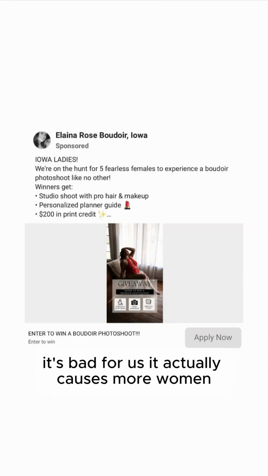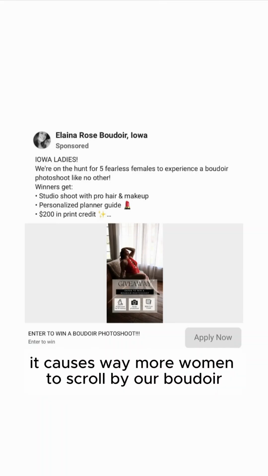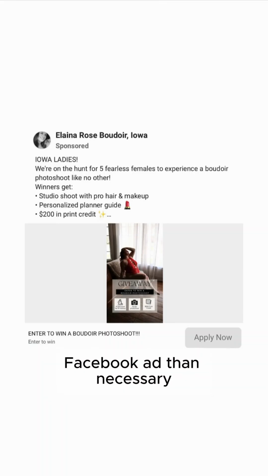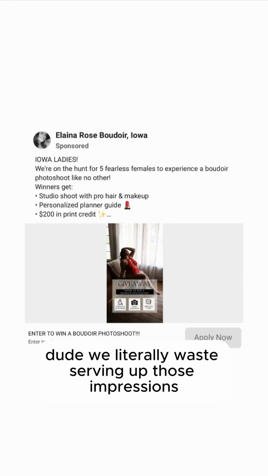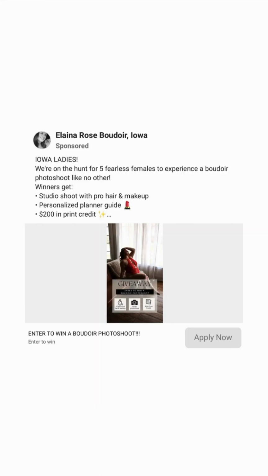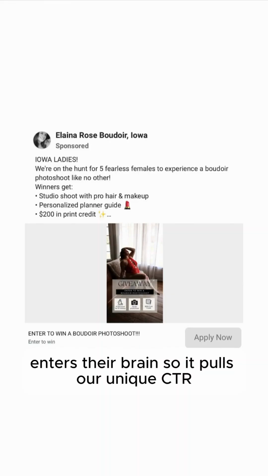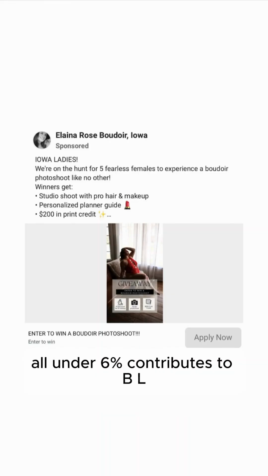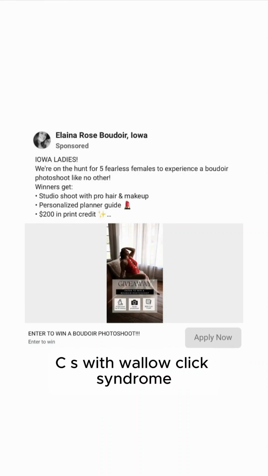The consequence is it causes way more women to scroll by our Boudoir Facebook ad than necessary. We literally waste serving up those impressions because the women just scroll by, our ad never enters their brain. So it pulls our unique CTR under 6%, contributes to BLCS, Boudoir low click syndrome.